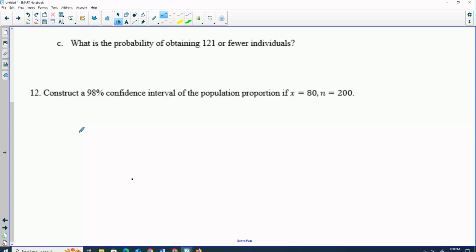Letter A is when we're talking about the Z interval versus number 8 is the T interval. So A, the Z interval, is when we're talking about p hats. 8, the T, is when we're dealing with x bar. So you can do them on your calculator, but you have to know which is which.